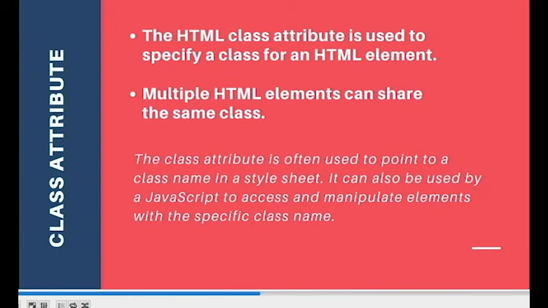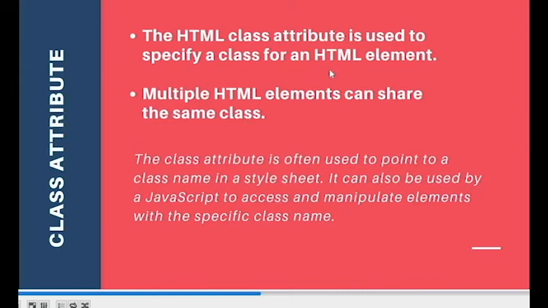So the class attribute. Okay, we know that in the div, the block element, or the span inline element, there is no specific attribute, right? But it has a common class attribute and the ID attribute. So we'll discuss what this class attribute is.